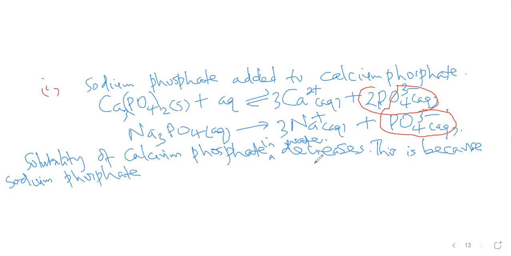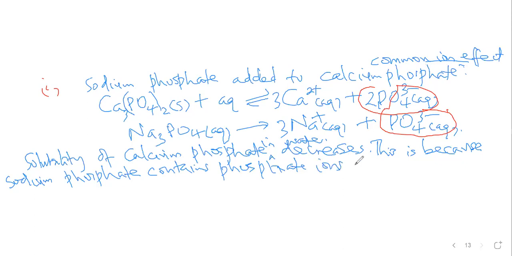Remember, in your explanation, you must not talk about the word common ion effect. It must not appear in your explanation because you are explaining what it means. This is because sodium phosphate contains phosphate ions that are common to phosphate ions in calcium phosphate.